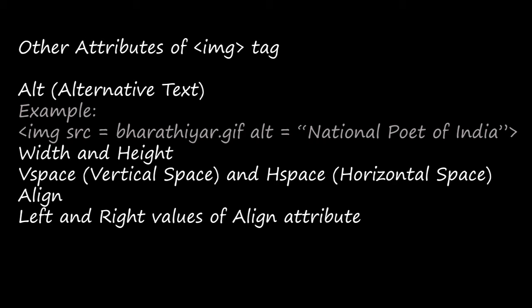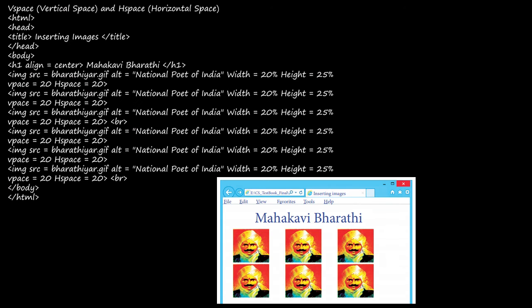And V space and H space mean vertical space and horizontal space. These attributes are used to set the vertical and horizontal space between the images. If you are giving a number of images, you have to leave some space vertically and horizontally, and that you give inside V space and H space.